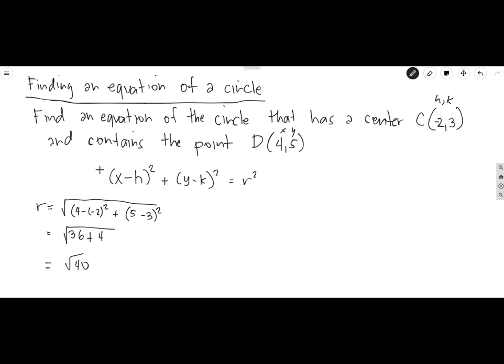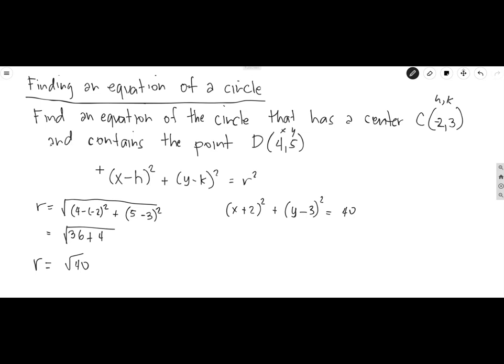When you write that in the equation, x minus h, where h is negative 2, becomes x plus 2, squared, plus y minus k, which is y minus 3, squared, equals r squared.